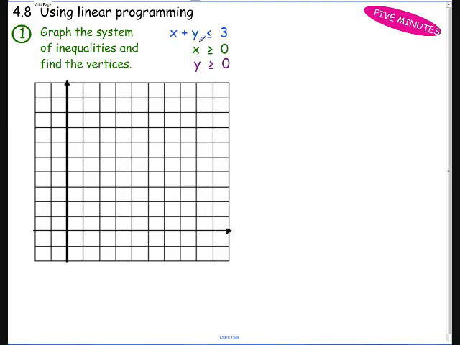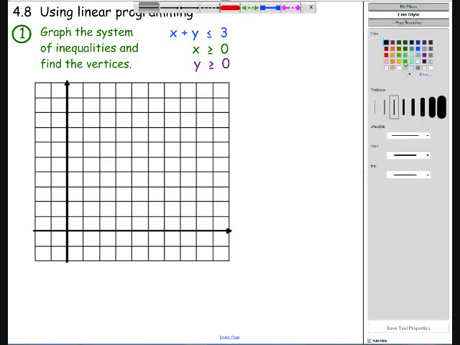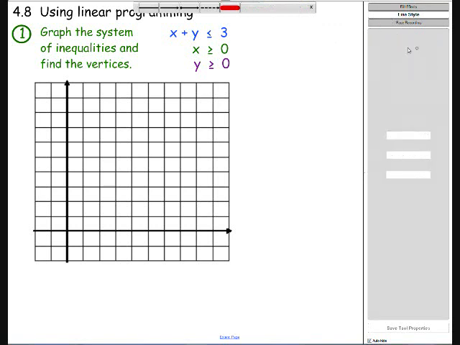So we're going to start just by reviewing what we learned about graphing a system of inequalities. You can skip over this if it's all very evident to you. We'll start with this first one. I'll do it in blue.